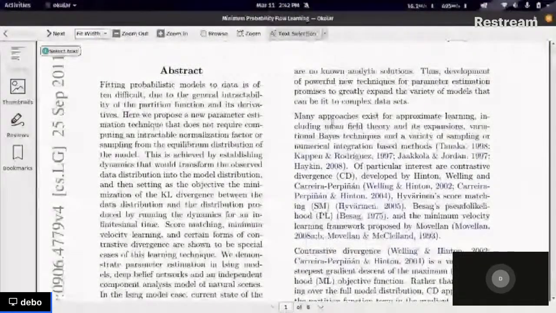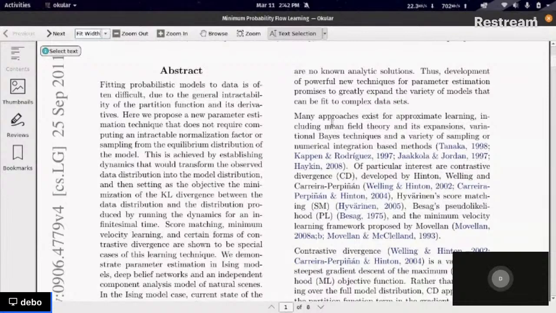So the abstract says that fitting probabilistic models to data is often difficult due to the general intractability of the partition function and its derivatives. So they propose a new parameter estimation technique that does not require computing an intractable normalization factor or sampling from the equilibrium distribution of the model.